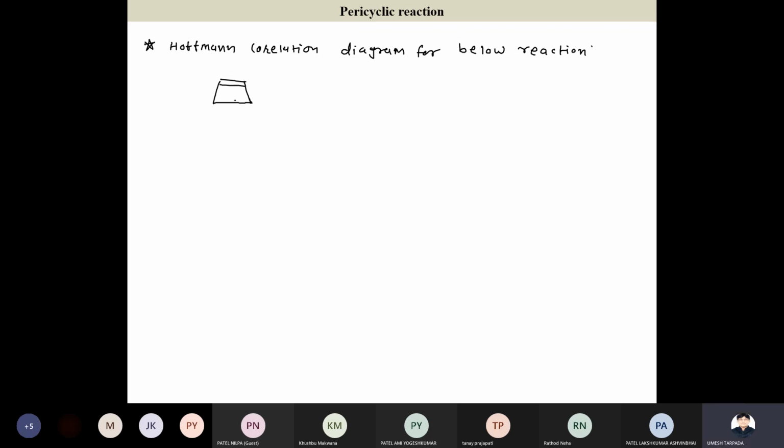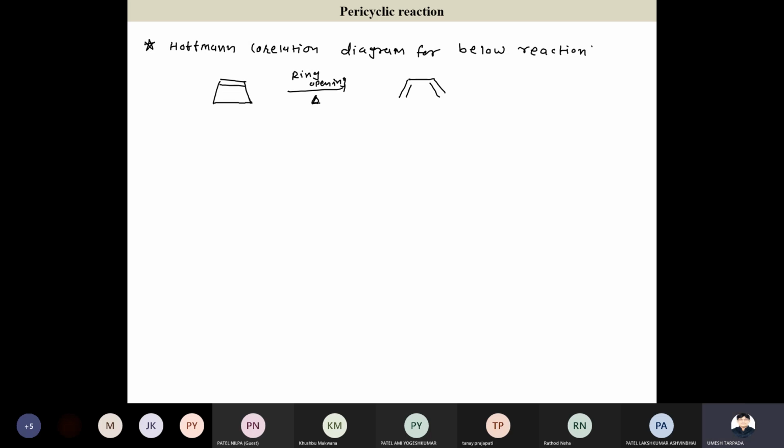There is one pi bond and one sigma bond. If you go for ring opening reaction, that is electrocyclic, this is the product. This is the thermal reaction.